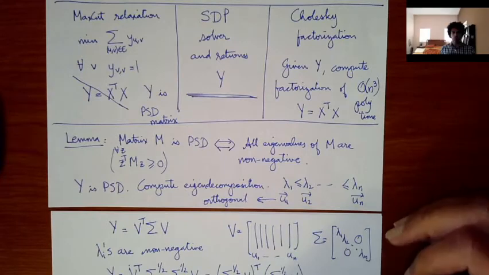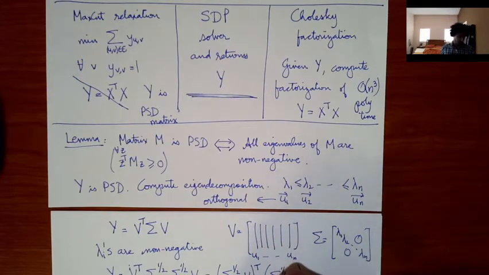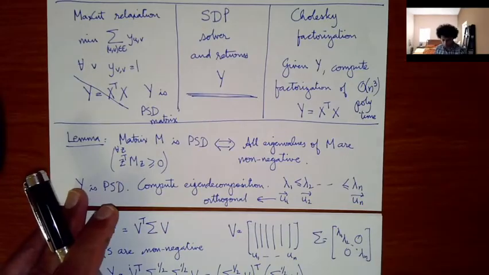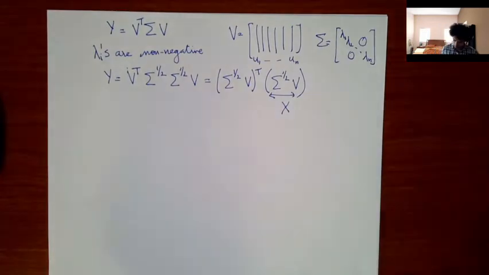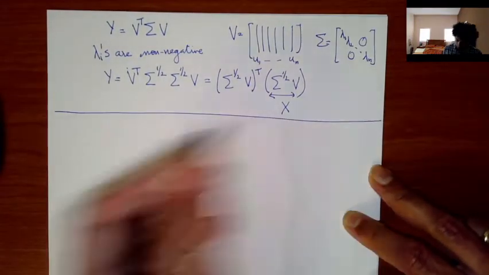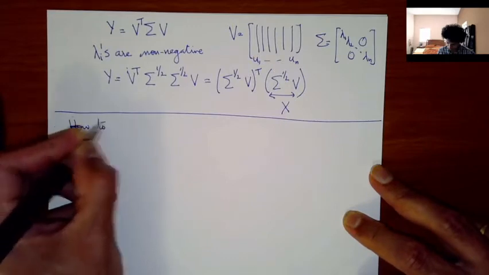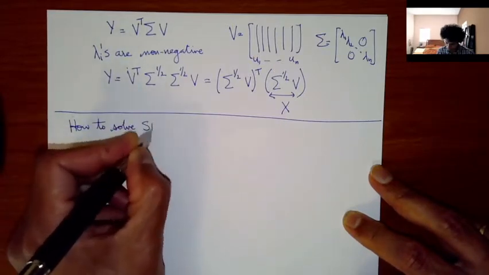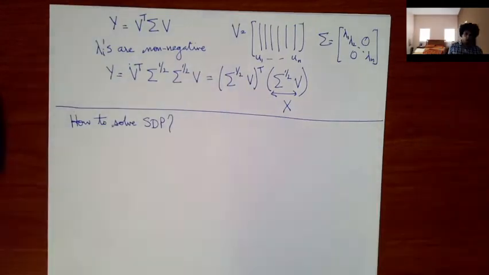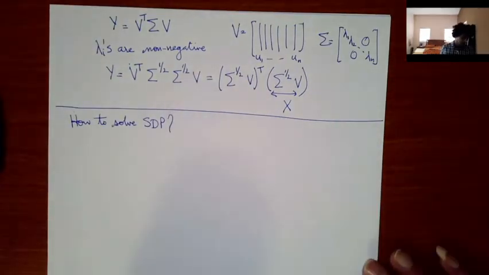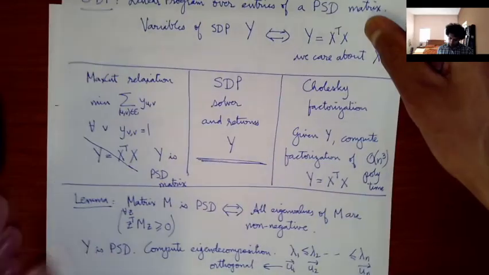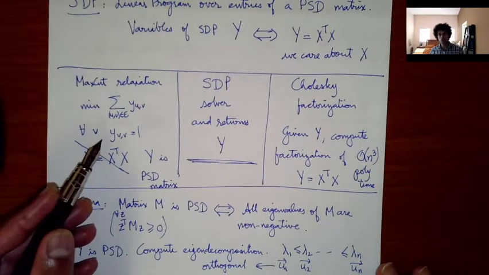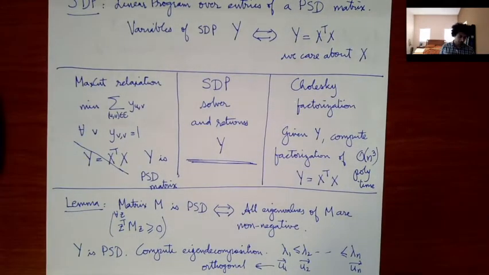So the part that I'd like to focus on is how do we actually solve an SDP? Remember, the SDP is this formulation: we have linear constraints on the entries of a positive semi-definite matrix, and we want to solve this.